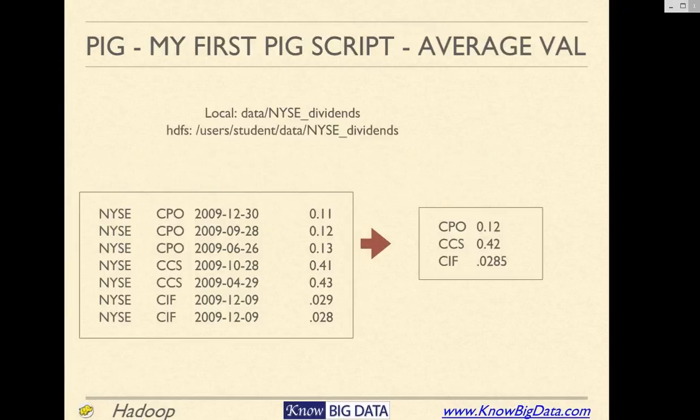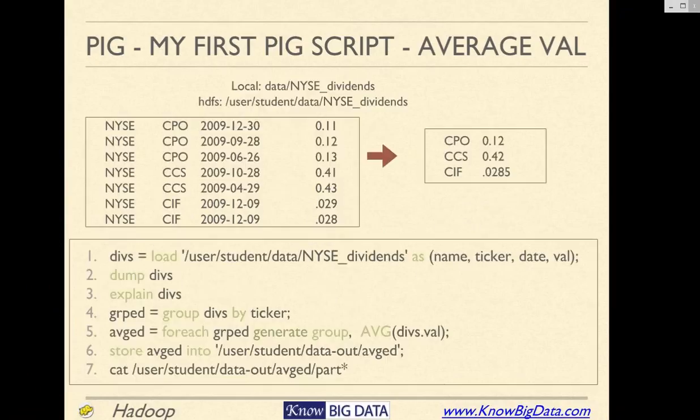Okay, great. So let's look at the first Pig script that we are going to work on today. There is a data set called NYSE dividends. This is how the data set looks. It has 4 columns, and the columns are separated by tab. The first column denotes the name of the stock exchange.